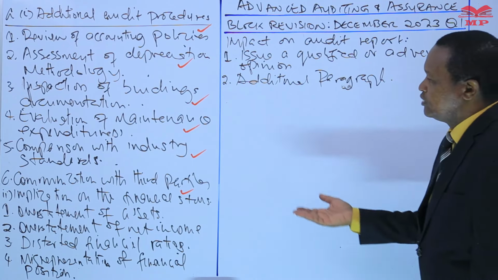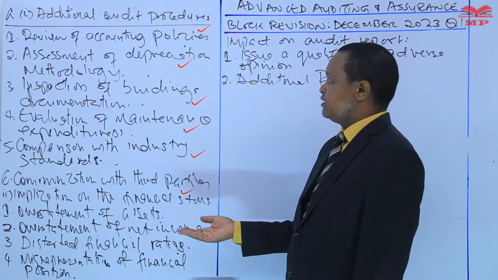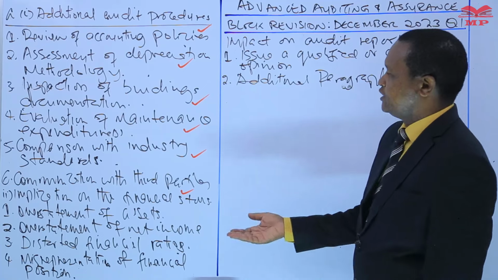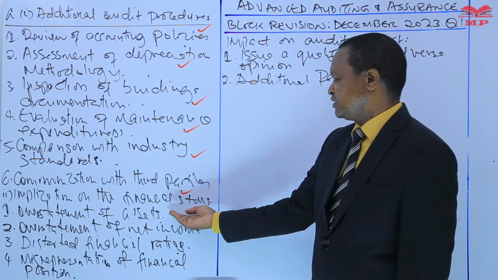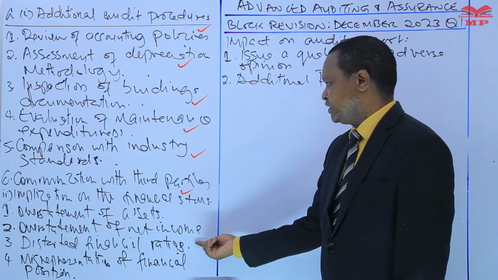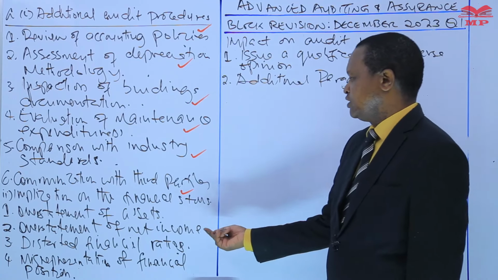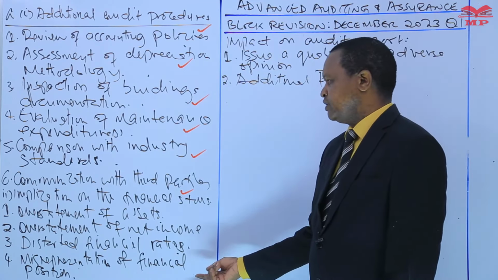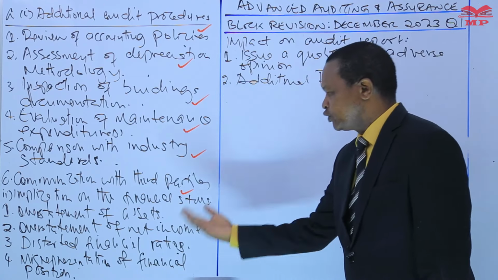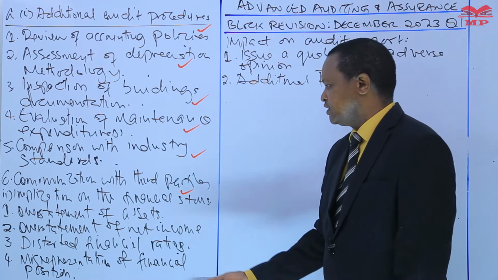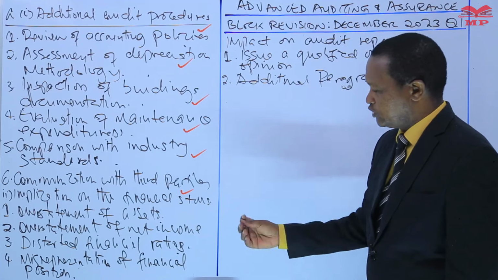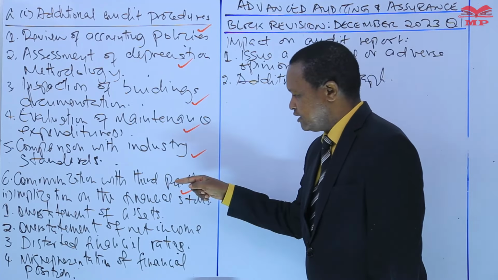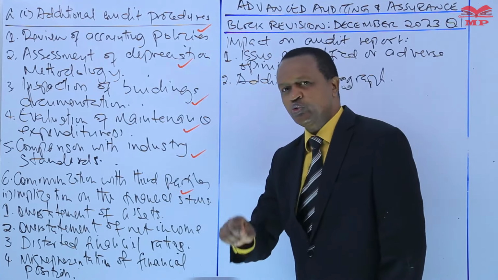We've seen how this failure can lead to implications on the assets. It has implications on the net income. It has implications on financial ratios. It also has implications on the truthfulness and the fairness of the financial statements, because we know that financial statements are expected to portray a true and fair view.